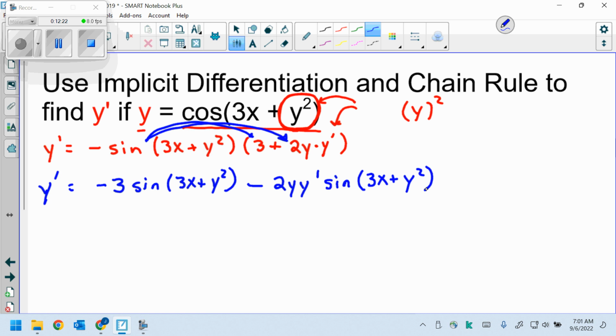So in an effort to organize, I need to distribute first. And now the second part of organizing is let's get this guy over to the other side. So y prime plus 2y y prime sine equals negative 3 sine.